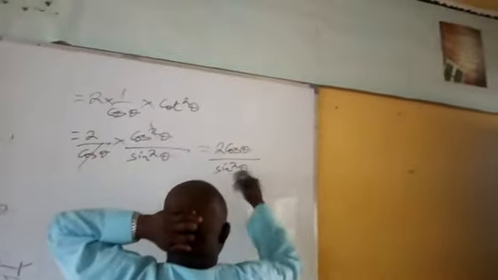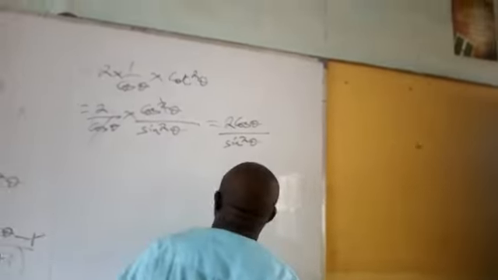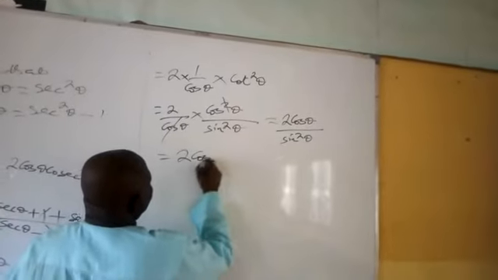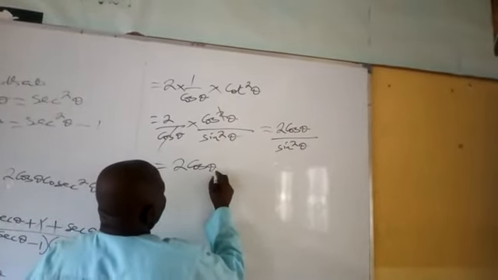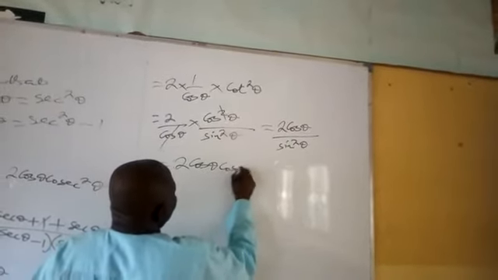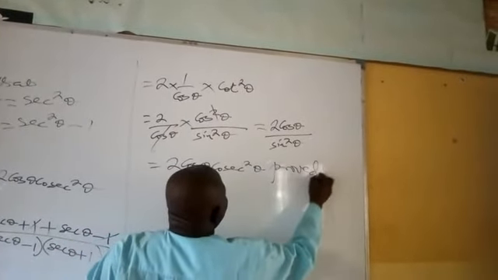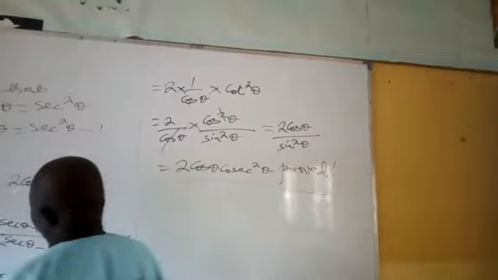But 1 over sine square theta is cosec square theta. So this is equals to 2 cos theta times cosec square theta. Proved. I think I'm done. I think that's what you have to prove, yes?